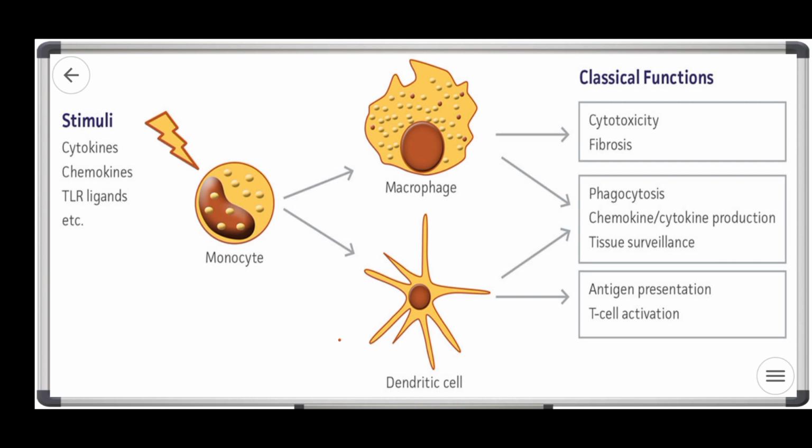Stimulation of monocytes by cytokines, chemokines, and TLR ligands differentiates them mostly into two categories, macrophages and dendritic cells.